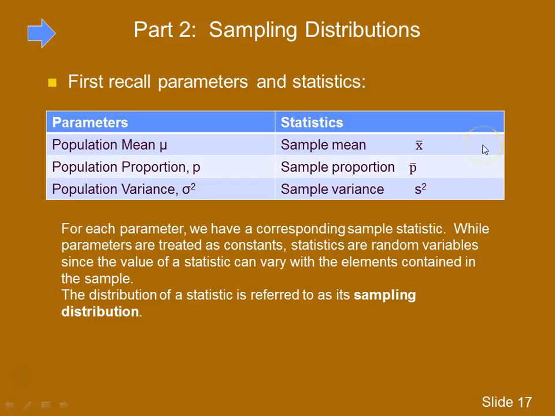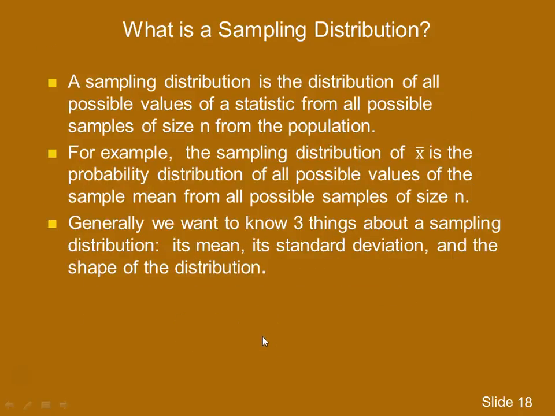Well, I'd get a different value depending on which 5 people go into my sample. One sample of 5 students might give me an average height of 5'10", another sample of 5 might give me an average of 5'8", and so on. So that is, there's an entire distribution to a statistic. And that distribution is called its sampling distribution. So getting to some definitions here.